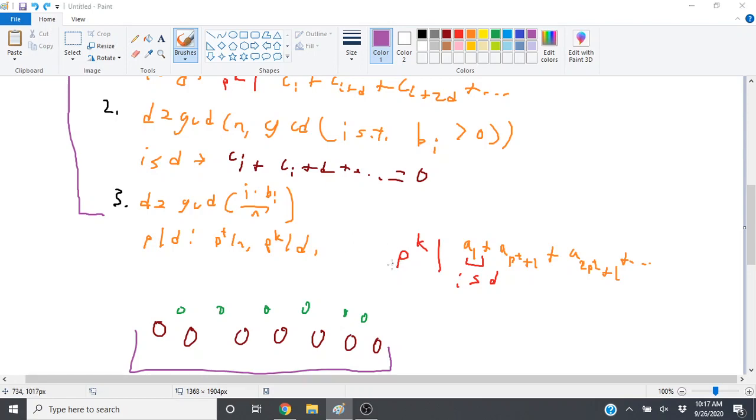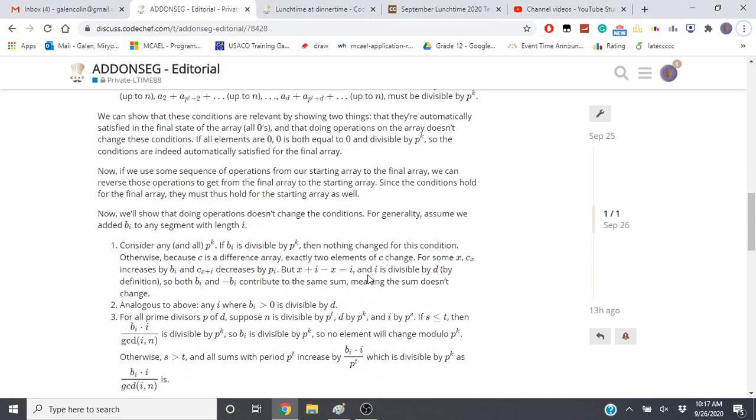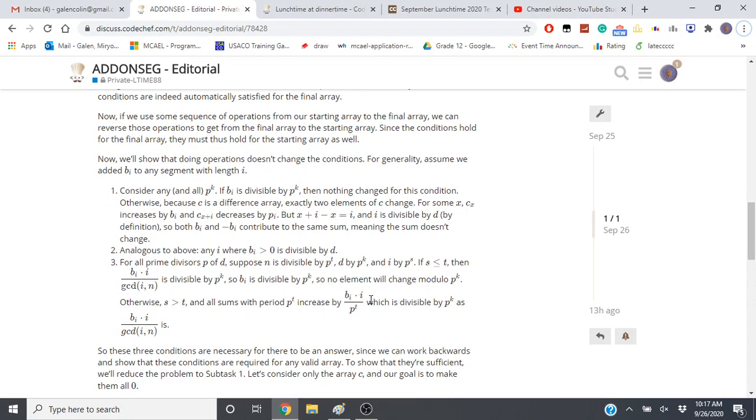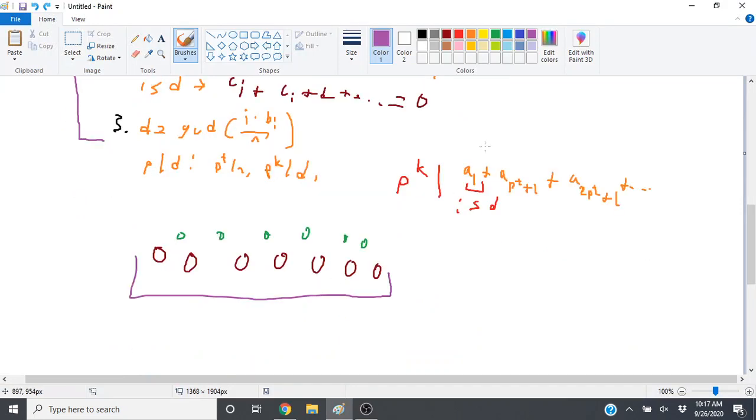Basically, we utilize the fact that ci is a difference array. So if we add on some range, then only two differences are going to be changed. This is going to be a plus bi, and this is going to be minus bi, or the signs could be flipped.